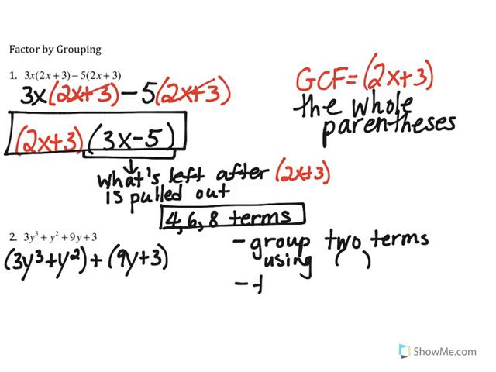We're going to take a GCF out of each parentheses. It does not have to be a GCF for the entire problem. So we're going to have y squared for the first one, and we'll be left with 3y plus 1. I'm going to put that in red.